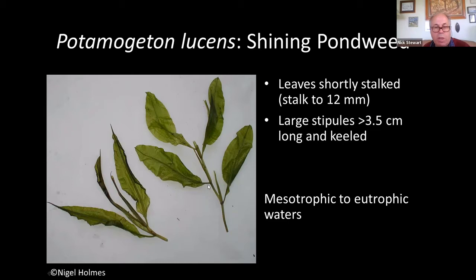It has leaves that are stalked, often not very strongly. They're just up to a centimetre at maximum, and often considerably less.